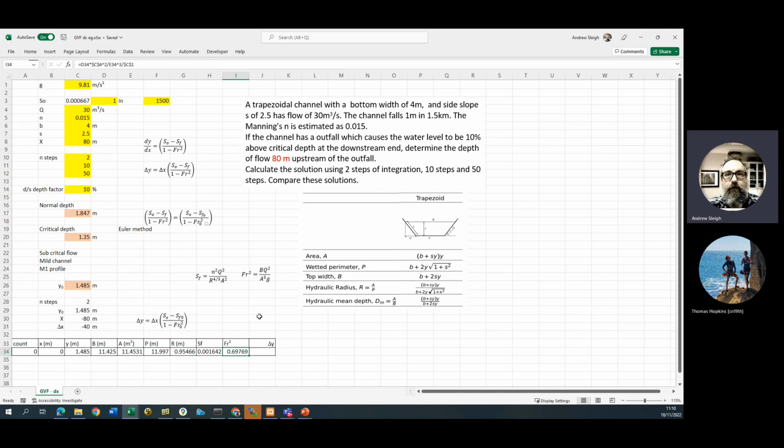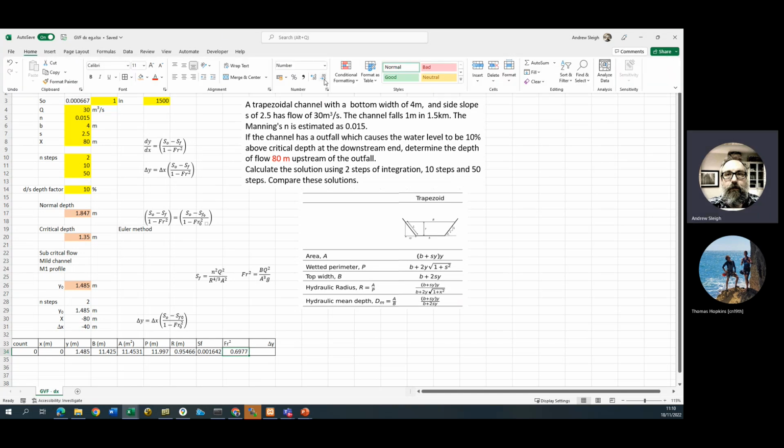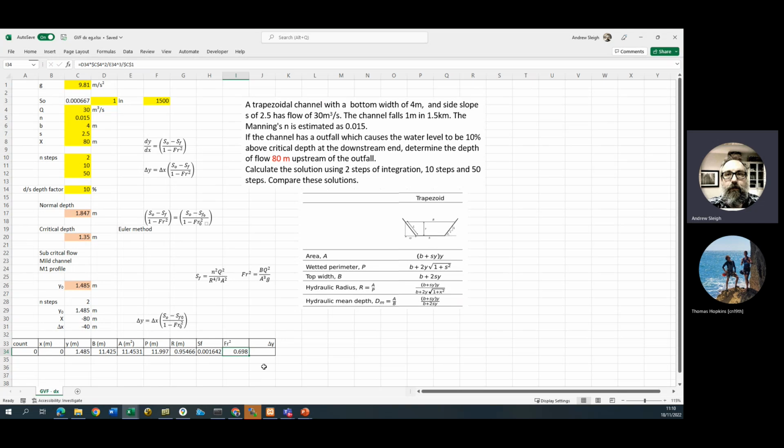Okay, Froude number is probably not too accurate to there, so let's just reduce that to 3 significant figures for our table. And dy is just now applying this formula here.